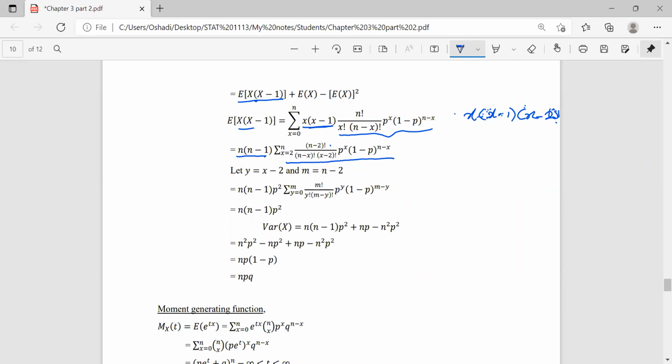Then we take p squared out, since when we do the substitution, here it is p to the power y minus 2. So we take p squared out, right? When we take p squared out, again this whole part becomes, sorry, not 0, 1.